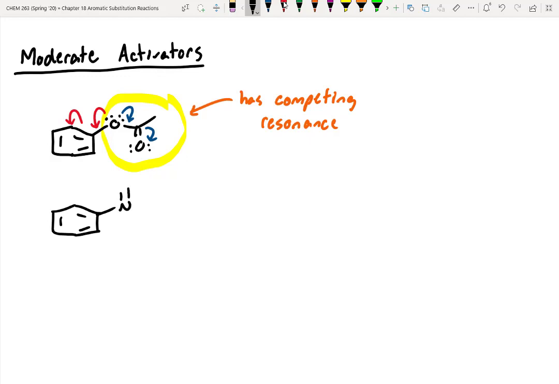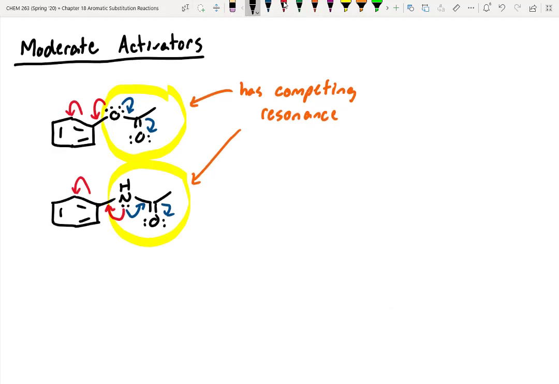All right, the other one I wanted to look at is pretty similar, where same idea. We could take this nitrogen lone pair and we could say, hey, we can dump this into the ring, or we can pull this over to the oxygen. Same idea. Both of these have competing resonance, therefore they're considered moderate activators. All right, I'll show you the weird exception.